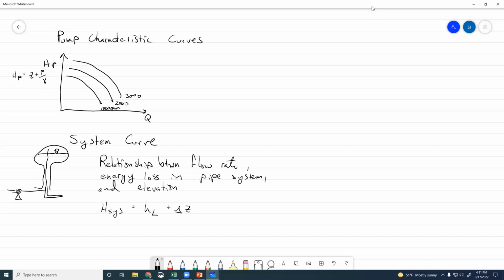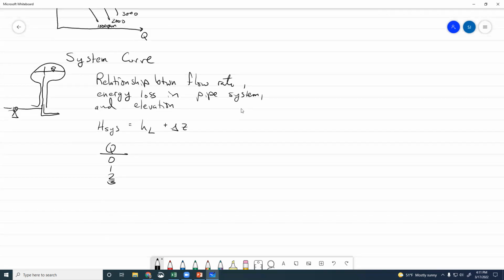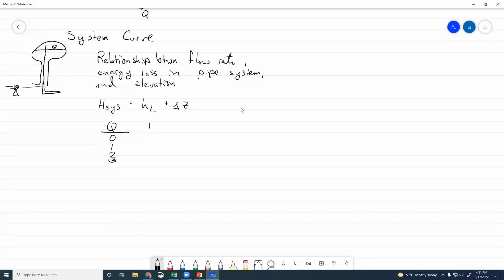And we can essentially create a system curve by designating flow rates, calculating the head loss due to friction in the system, and then getting the total system curve, which is delta Z plus our head loss.